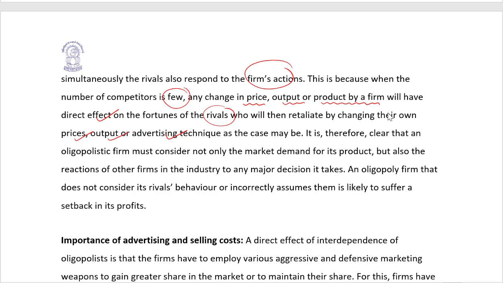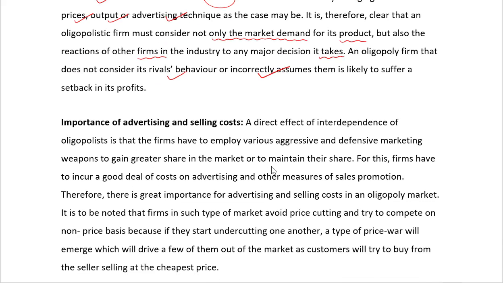It is therefore clear that an oligopolistic firm considers not only the market demand for the product, but also the reactions of the other firms in the industry to any major decision it takes. An oligopoly firm that does not consider its rivals' behavior or incorrectly assumes it is likely to suffer a setback in profits.